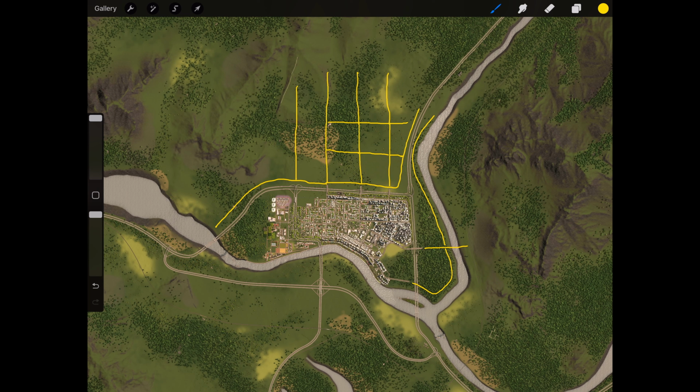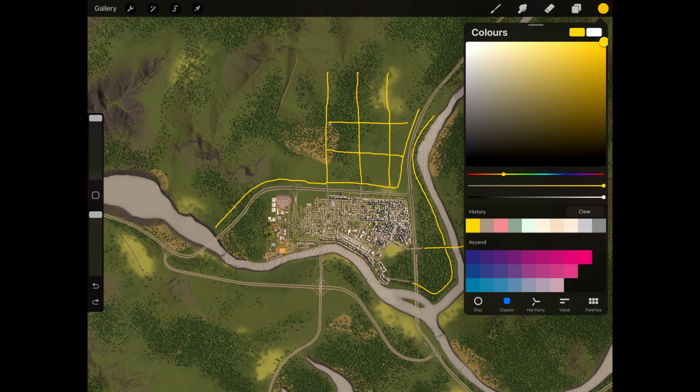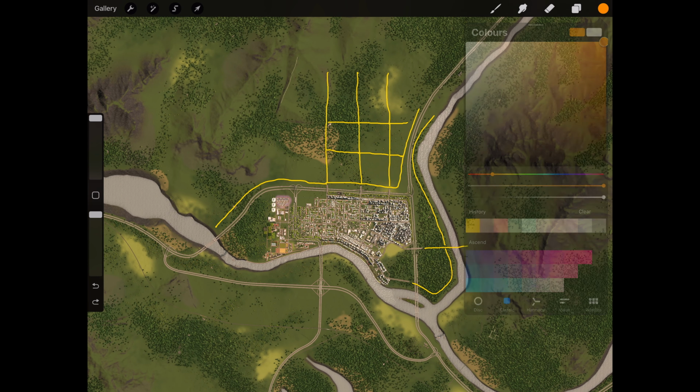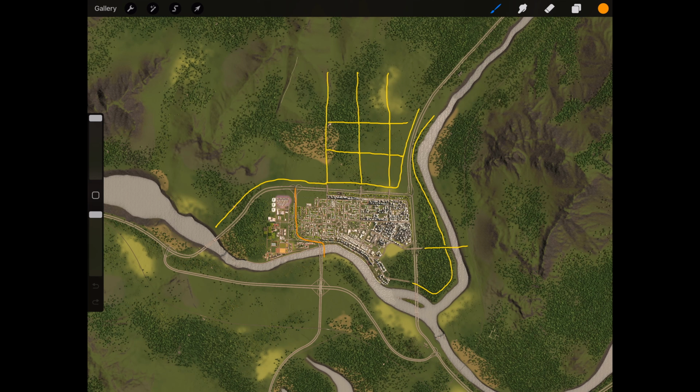And here, the last line that I drew isn't really a mistake, but I'm thinking about, and this is also the reason why I'm introducing another color here right now after even switching layers, because I want to keep my roads separated.